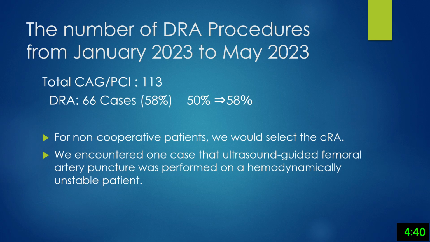For non-cooperative patients, we would select the conventional radial approach, providing a gentle immobilization of the upper limb. And we encountered one case that ultrasound-guided femoral artery puncture was performed on a hemodynamically unstable patient.